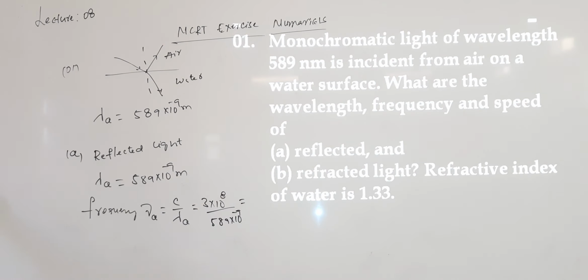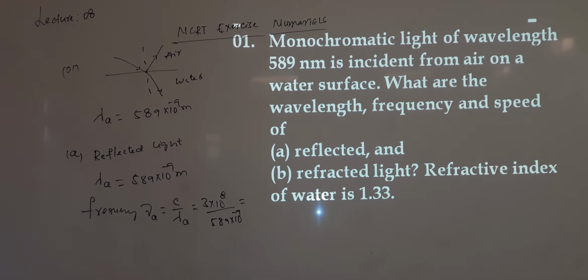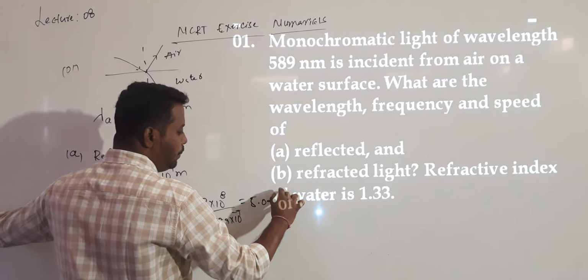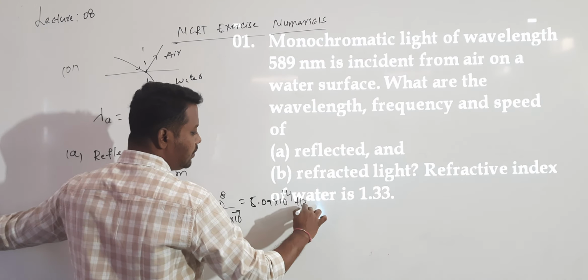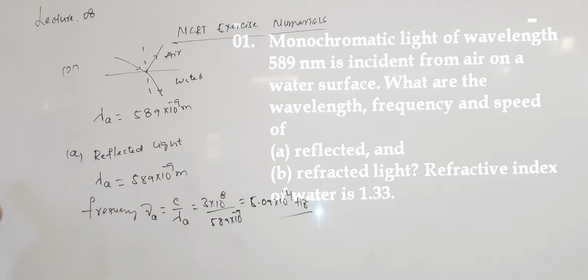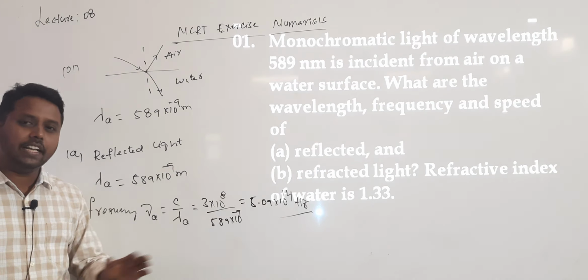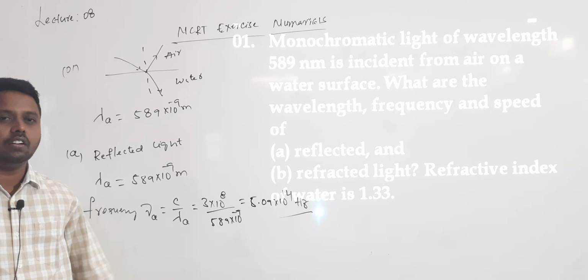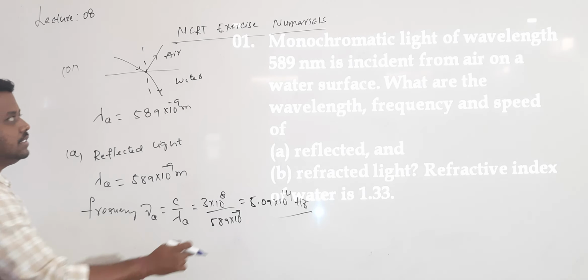You simplify this, 3 divided by 589, and you will get 5.09 into 10 power 14 hertz.